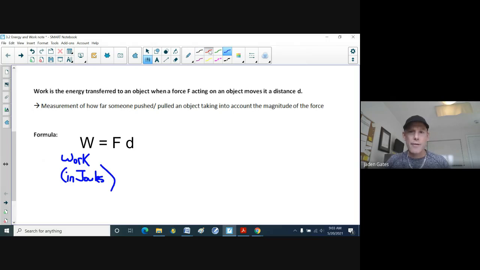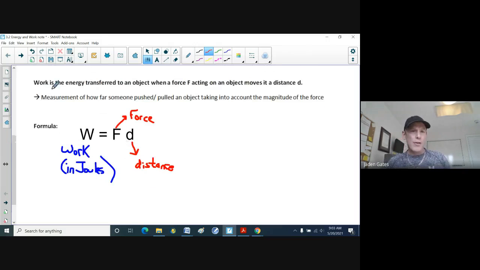And our F value here is our force that's applied. And d is, well, your distance. So again, work, how much energy you've expended or changed something, is based on how hard you have to push or pull and how far you moved it.